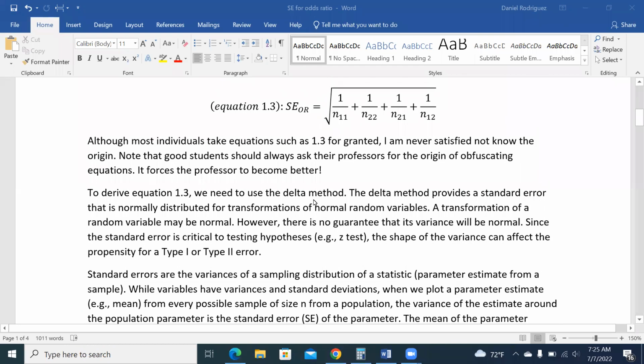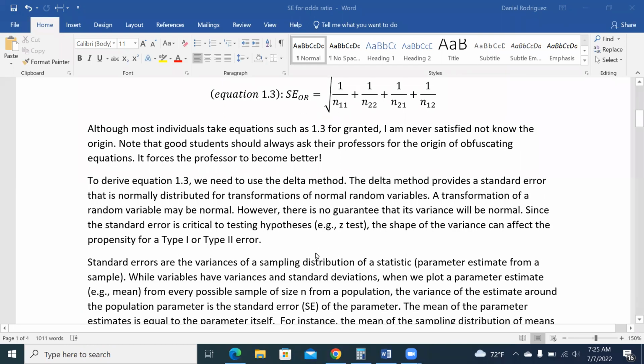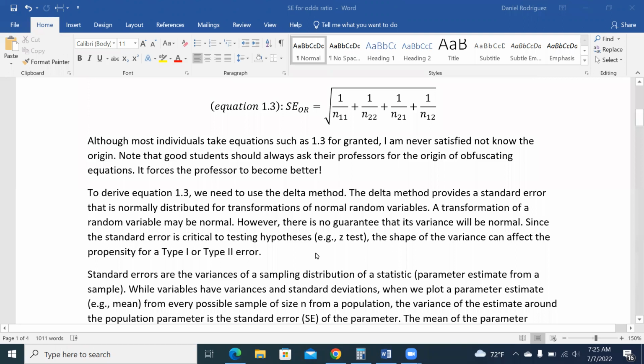Now, we use the delta method because even if our random variable is normally distributed, some function of that random variable may not have a variance that's normally distributed.